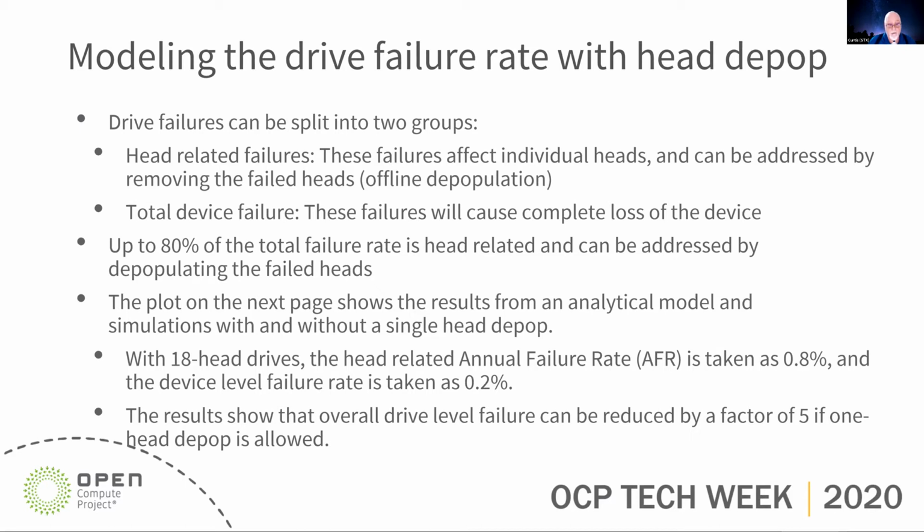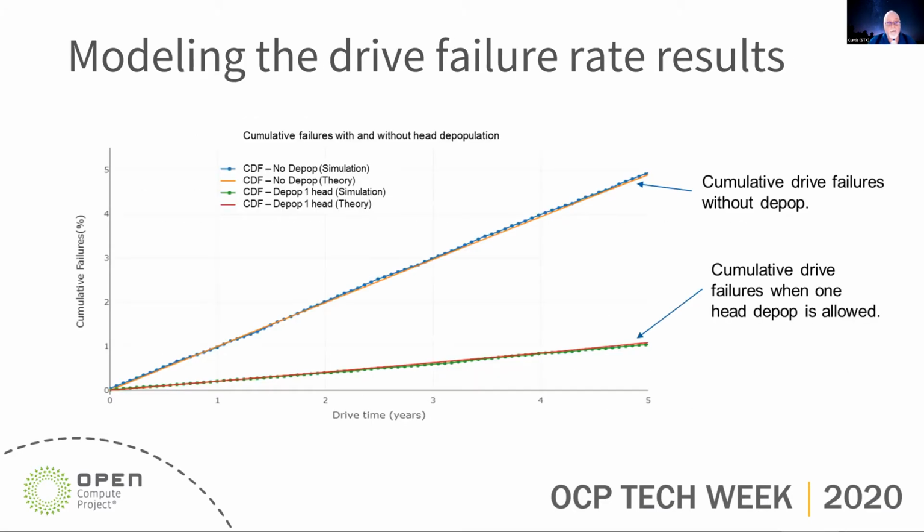With 18 heads, the head-related annual failure rate is taken as 0.8%, and the device failure rate is taken as 0.2%. So this is the drive failure rate. What happens is that if you just yank the drive as you do today, over 5 years, you're going to get a considerable number of failures.